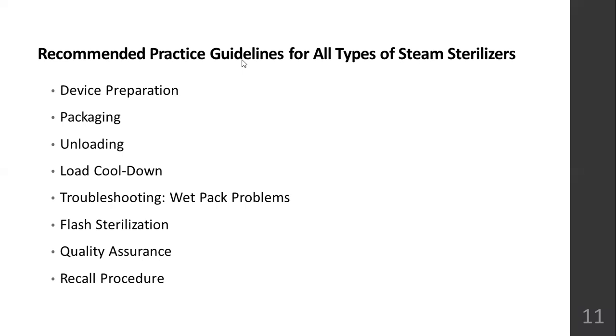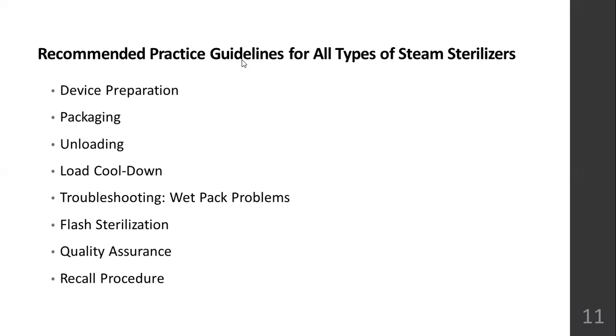Troubleshooting of wet pack problems, in which a pool of water will be trapped inside the packages, so that you cannot use. When you have a lot of wet pack problem, it means your sterilizer has to undergo maintenance. In an autoclave, steam is used.